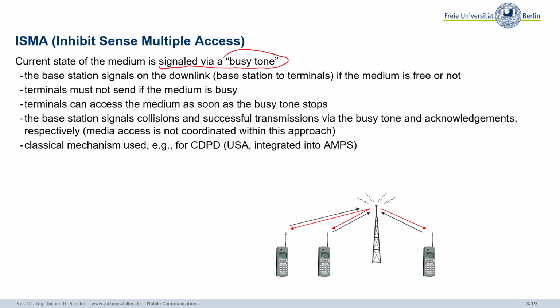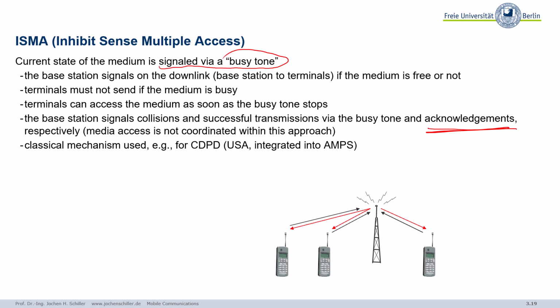Well, and then there might be successful transmissions, there might be collisions, and with the help of acknowledgements, a scheme you know from computer networks, you can signal if the transmission was successful or not. So the medium access itself is not coordinated, but as soon as this busy tone stops, you can access the medium. So this is implicitly done in a lecture hall. The busy tone is you hear someone else talking, and then as soon as everyone stops talking, you may access the medium.